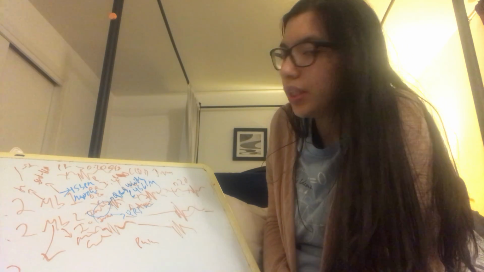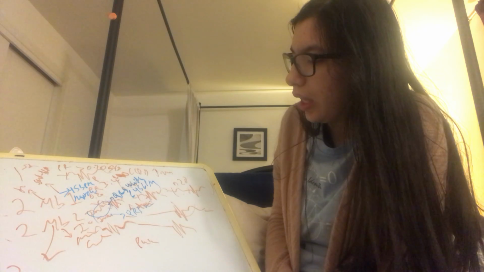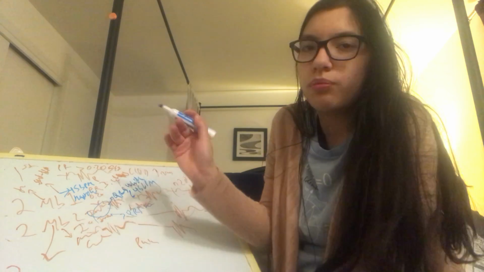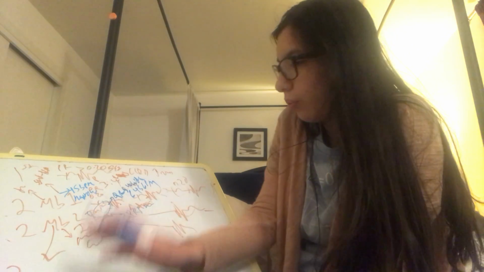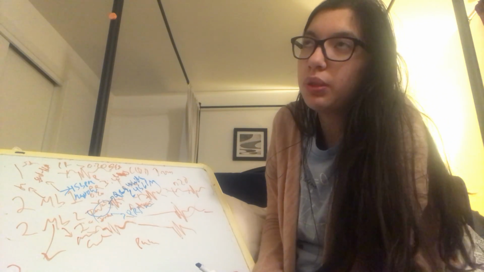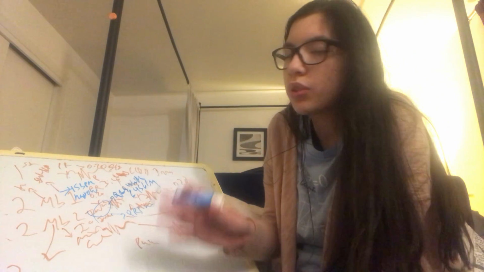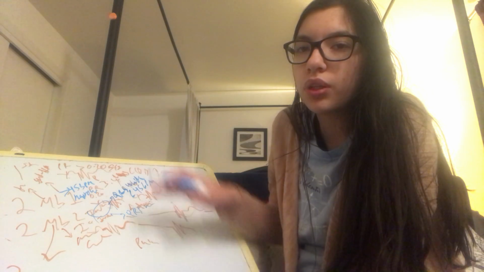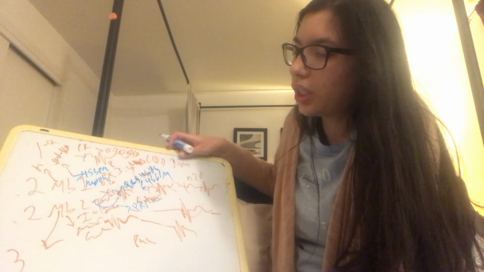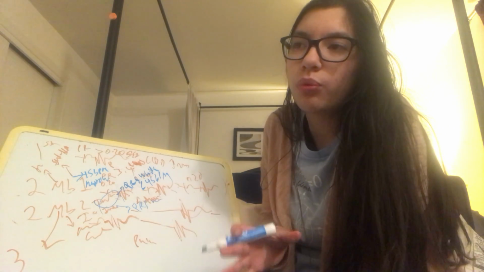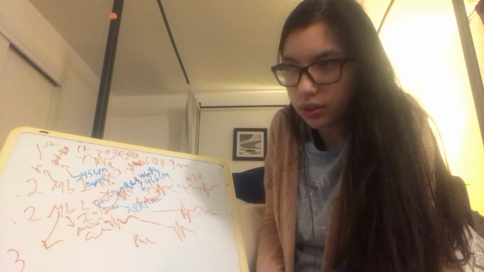Alright, now for the third degree AV block, we have the atria go from one side, the QRS, the ventricle goes the other way, because here we have complete blockage of the atrioventricular node, so we have no communication between the atrium and the ventricle.